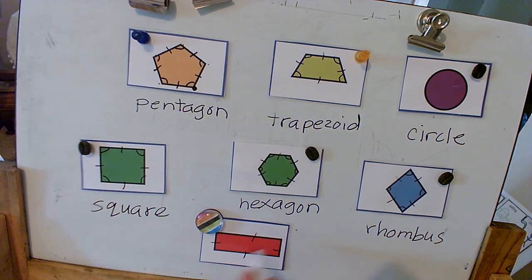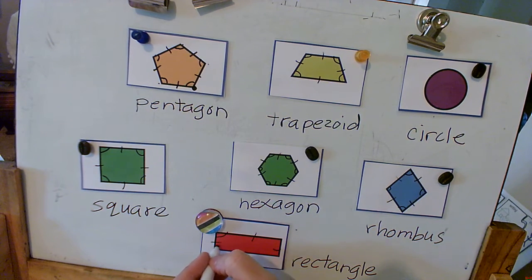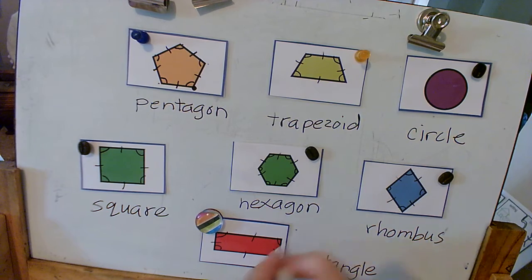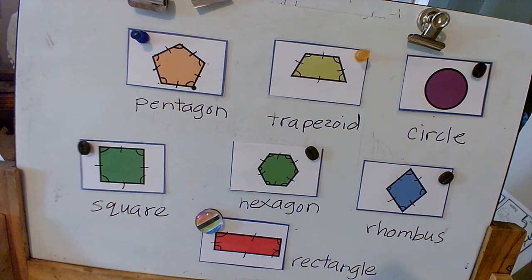These two lines are the same length, and these two are the same length. So it has 2 sides the same, and these 2 sides the same. And these 2 lines are longer than the side lines. That is called a rectangle. Now let's count the angles. 1, 2, 3, 4. 4 sides, 4 angles.